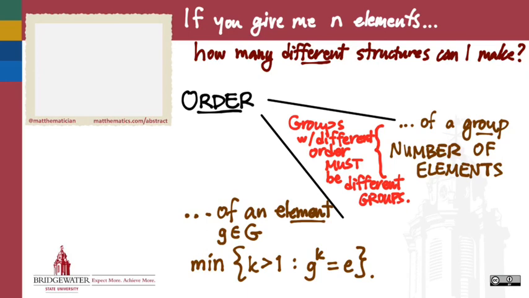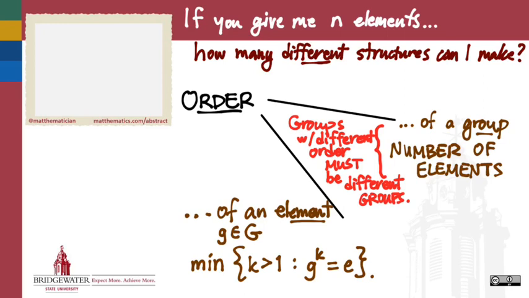Not necessarily. How do we know, for example? We've already seen examples of two groups that have the same order, the same number of elements, 4 elements, but in fact are different groups because their multiplication tables were different. How do we detect that difference is the question. Can we use the orders of elements to detect differences between groups?